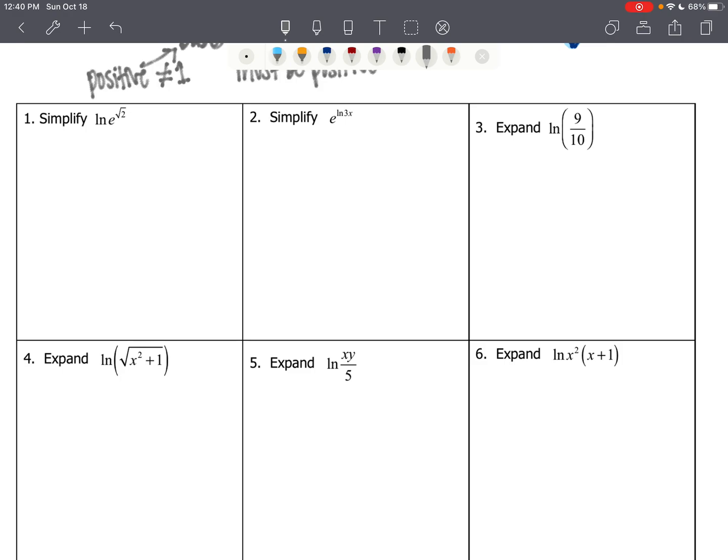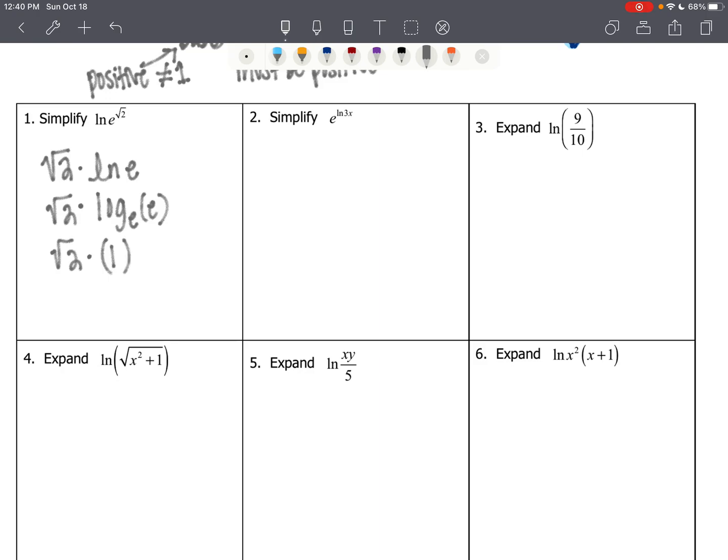We've got natural log of e raised to the square root of 2. We want to simplify that. First, the exponent is going to become a coefficient, square root of 2 times the natural log of e. The natural log of e is log base e of e, which is 1. The natural log of e is 1.